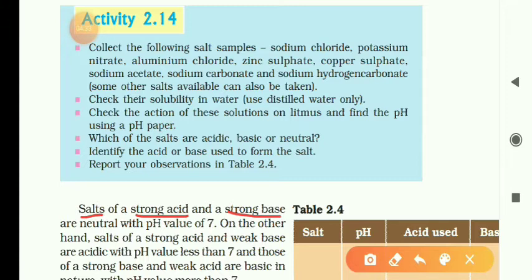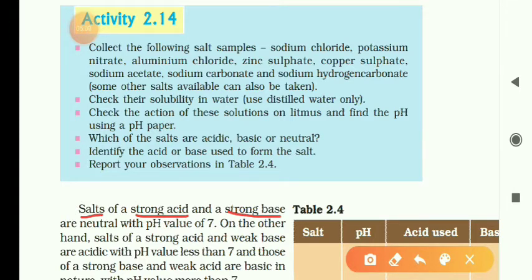For example, sodium chloride made of strong acid HCl and strong base NaOH and pH value is 7. Okay, neutral.